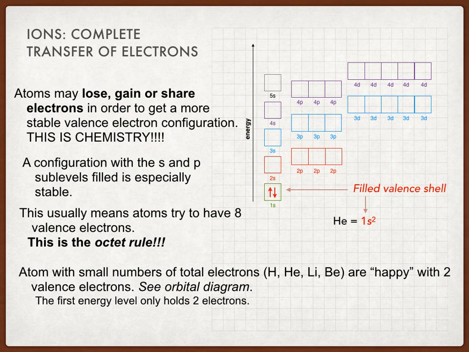It still obeys a full valence shell rule, but its full valence is 2 electrons. Helium, same way. Lithium, that's why lithium likes to lose 1 electron to get to a 1s2 electron configuration. Beryllium, same way. So all of these guys are exceptions to the octet rule, and that is because helium's filled valence is 1s2.